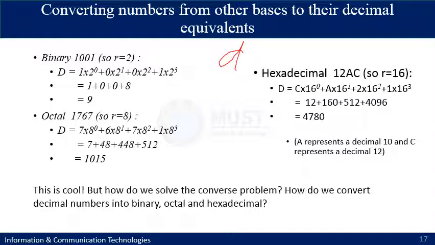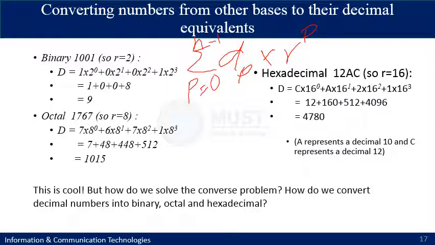We had the formula d_p, which represents the digit at location p, multiplied by the base, represented as radix r, raised to the power p, which is again the location, and we sum up all of the terms ranging from p equals 0 to n minus 1.